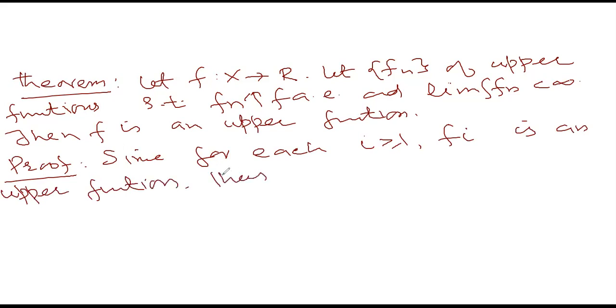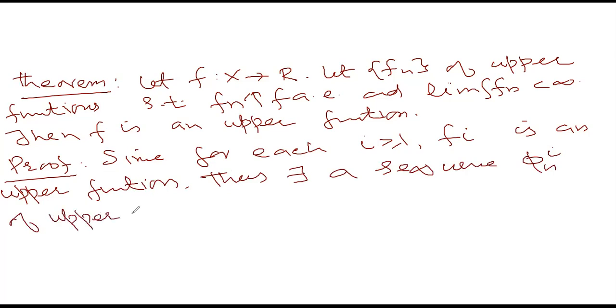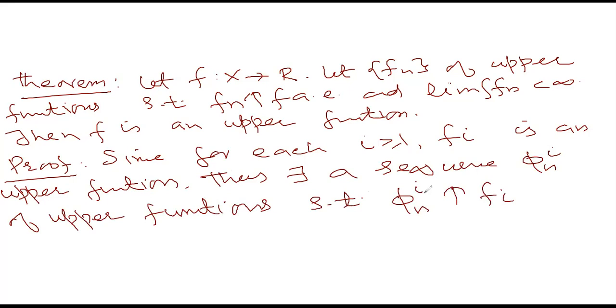Thus there exists a sequence phi n,i of step functions such that phi n,i increases to the upper function fi. There exists a sequence phi n,i of step functions, not upper functions.